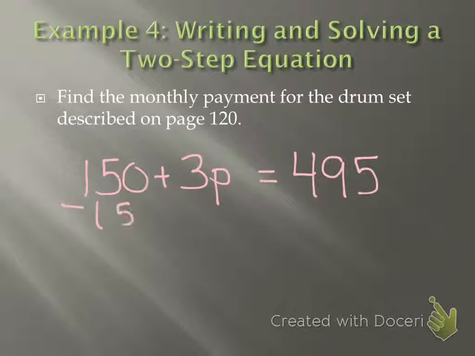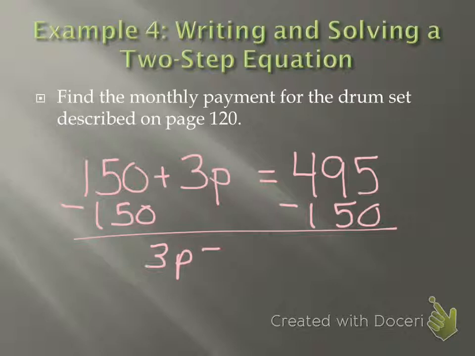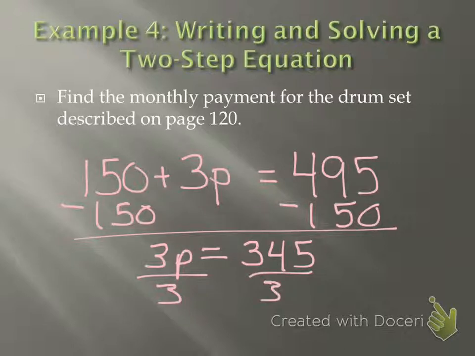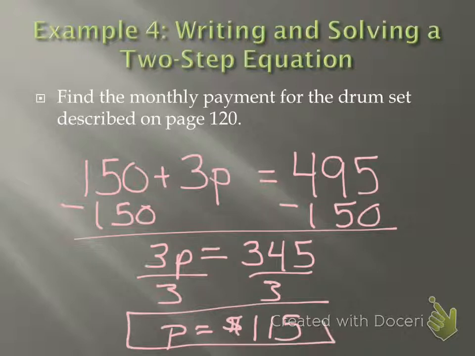First thing I do is deal with my numbers not connected to my variable. Subtract 150. 3p equals 345. Divide both sides by 3. And my payments are $115 each. If I make those payments, I will get to my $495 total in time.